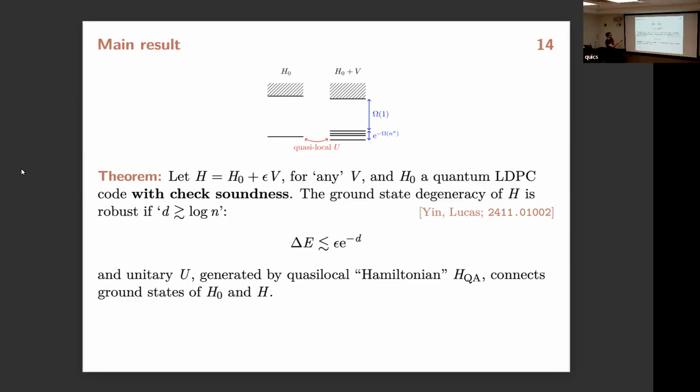And by robust, what I mean is that there exists a quasi-local unitary U that rotates the ground state sector of H naught, remember, which is 2 to the k degenerate. We have k logical bits, and it will rotate this into another sector separated by a gap from the rest of the spectrum in H naught plus V as well. The energy splitting will be exponentially suppressed in distance, and ignore the blue text here.